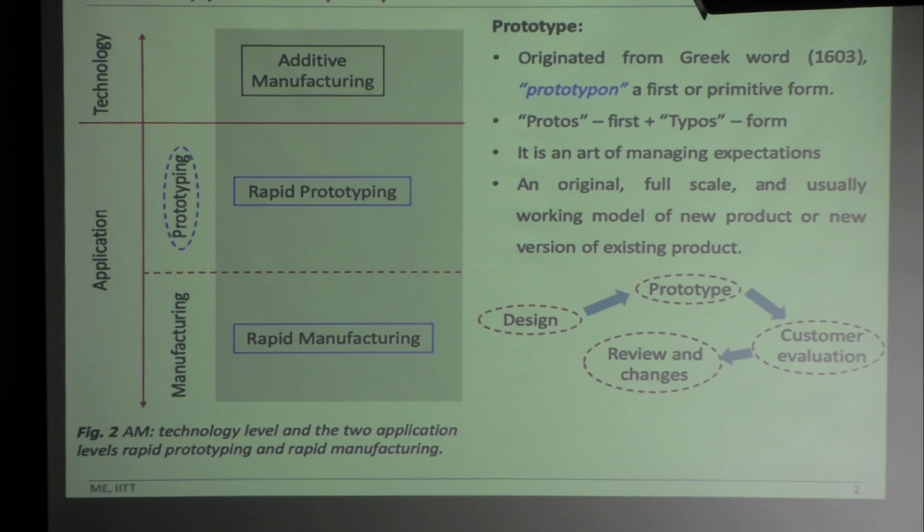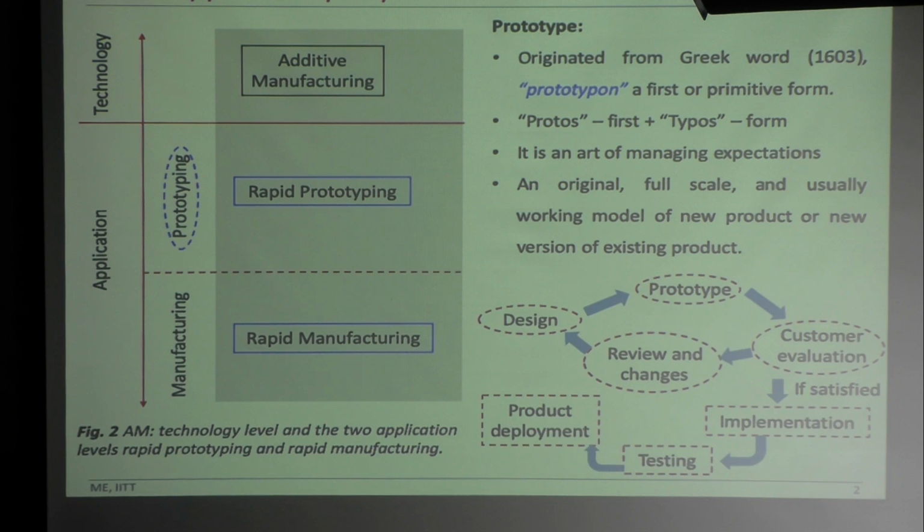All those changes will be incorporated in the design, and a new prototype is made and sent again to the customer for evaluation. If it satisfies, then the design will be finalized, and manufacturing and mass production of the component can be initiated. Finally the products can be deployed.